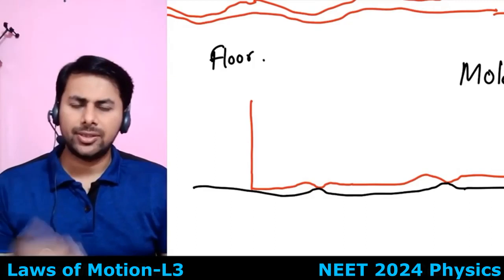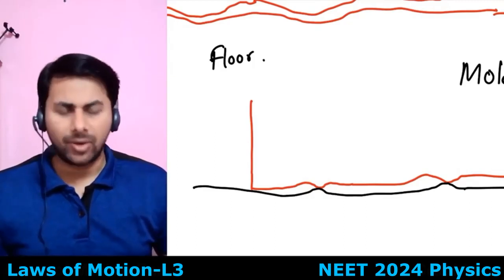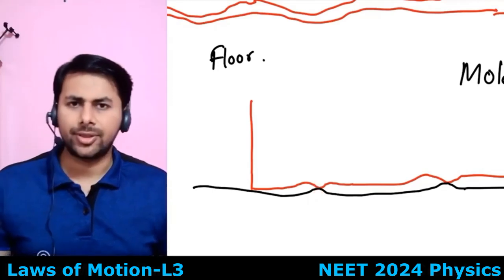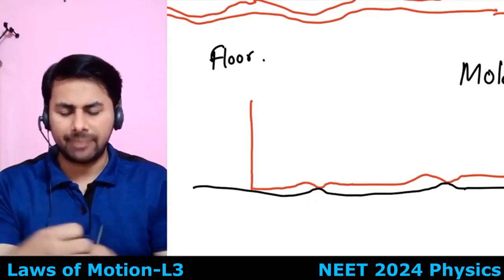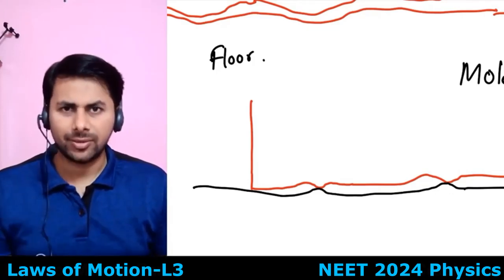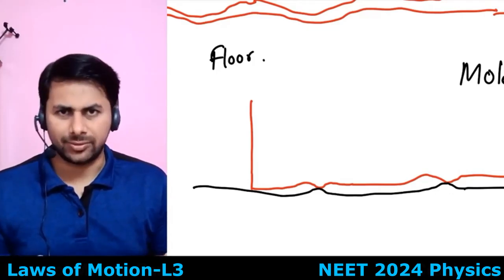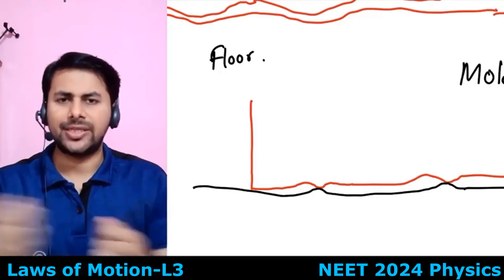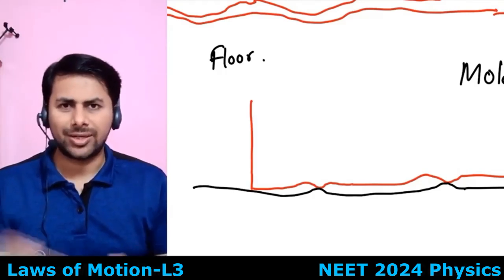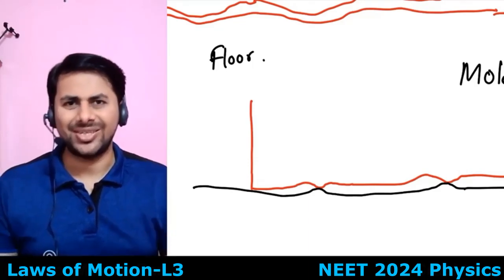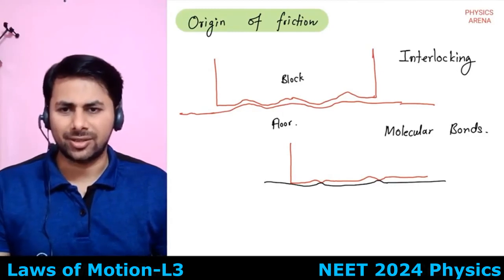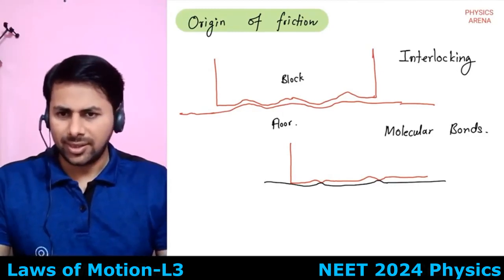So what happens is temporary bonds are formed between atoms or molecules of this body and atoms or molecules of the other body. And because of these temporary bonds, when you try to move one body over the other body, there will be an opposing force. There will be stretching of bonds, and the molecules don't like that, so they will exert an attractive force. So that is another reason for friction. Is it clear? Yes, no?